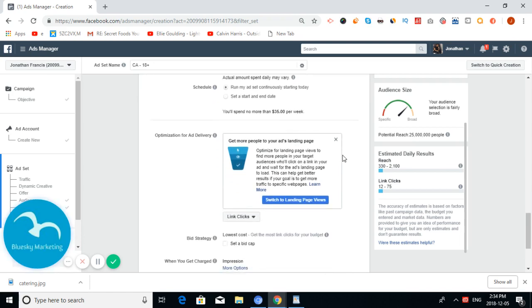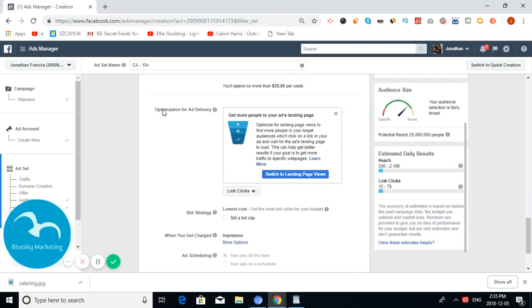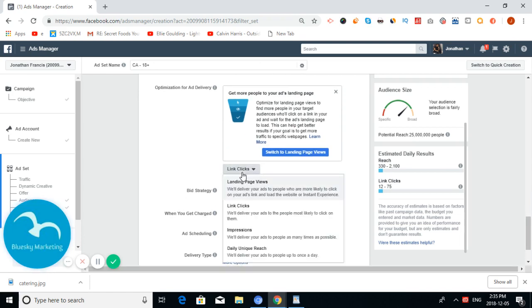When you scroll down here, it asks you if you want to optimize your ad for link clicks, which are clicks to your website, landing page views, and that are people who are going to come to your website and view your landing page. Or you have the option to put it to impressions, and it's saying we'll deliver your ads to people as many times as possible.